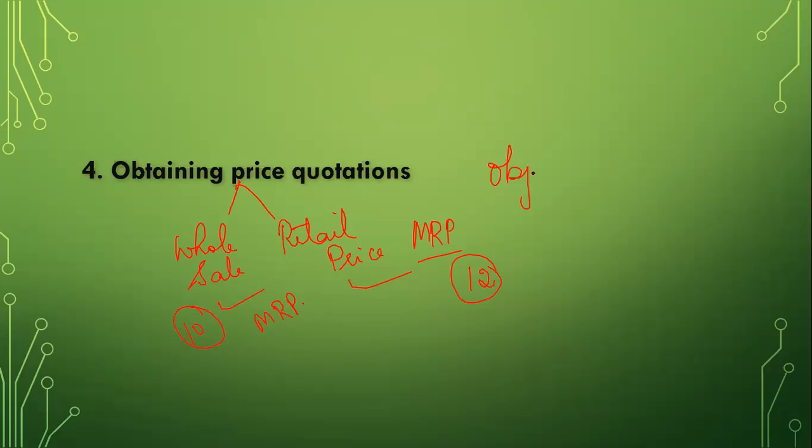Why objective? Because if your objective is related to the consumer, you consider the consumer price index. Or if you are considering the producer, then wholesale comes, retail also comes. Under producer, you may do only the wholesale.